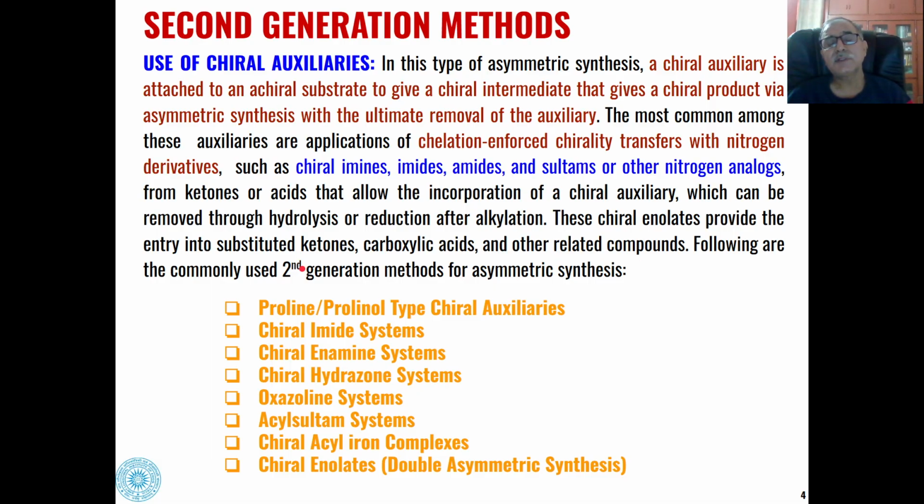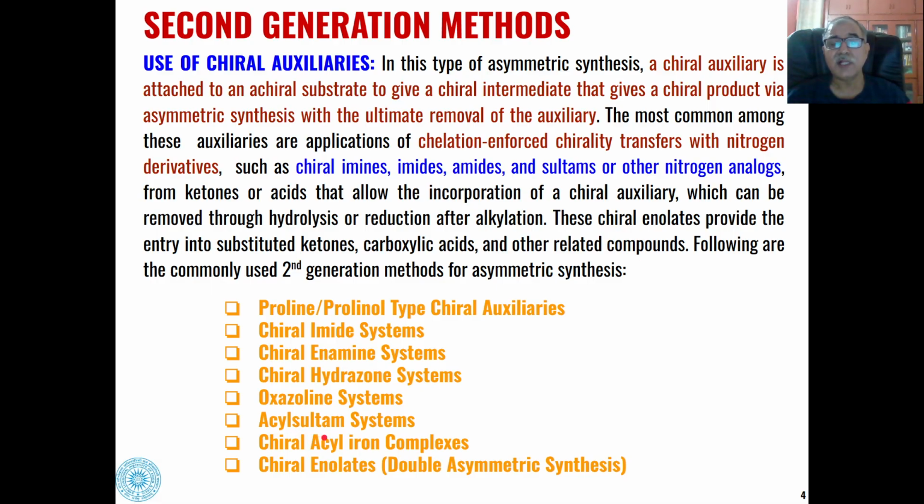And among these chiral auxiliaries, these are some of the important commonly used ones for asymmetric synthesis. First is proline or prolinol based chiral auxiliaries. These are the most commonly used chiral auxiliaries for asymmetric synthesis. Then amide systems can be used. Then enamines, chiral hydrazones, oxazoline systems are used as chiral auxiliaries.